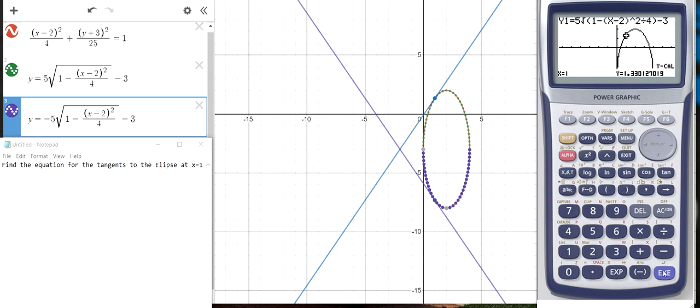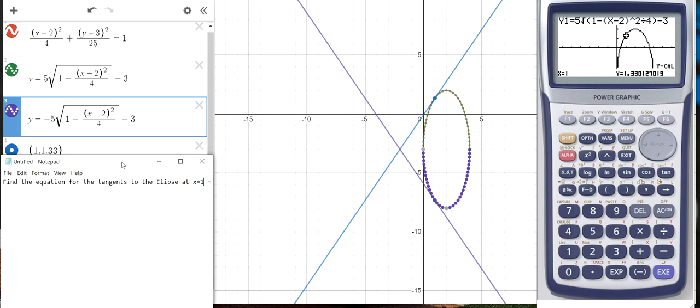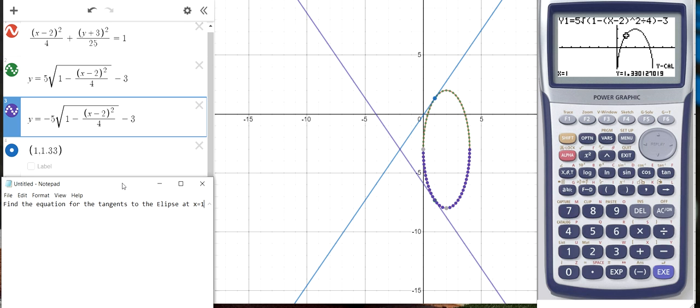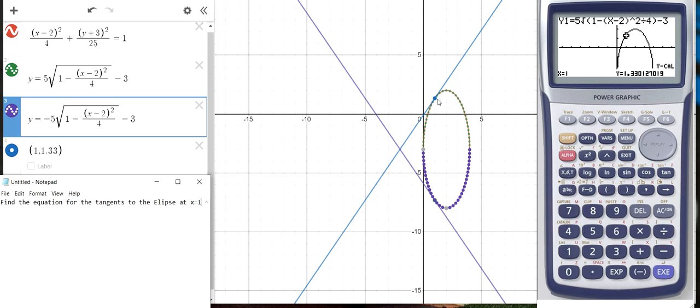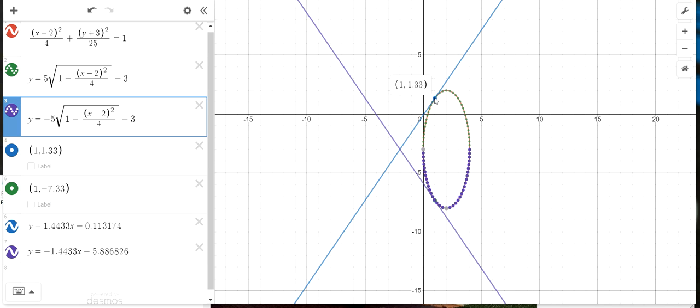So x equals 1, and I've got that point, which is 1.33, and so on, which is that point there.